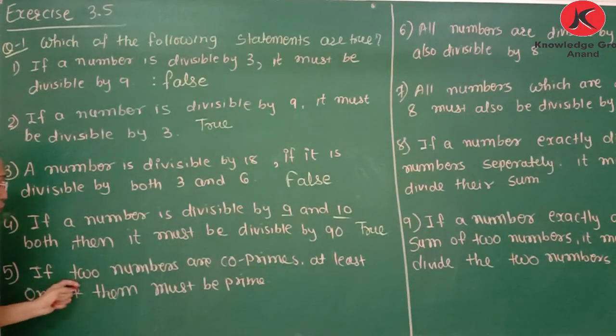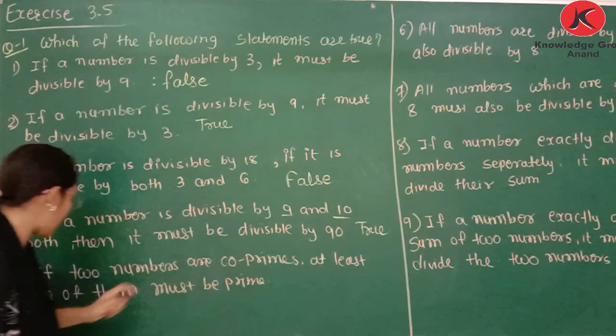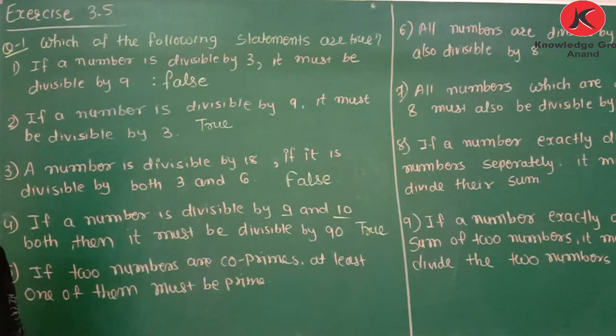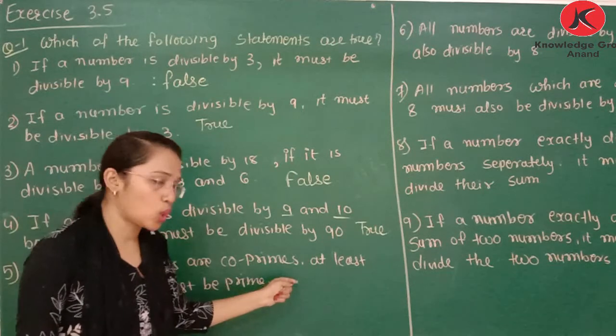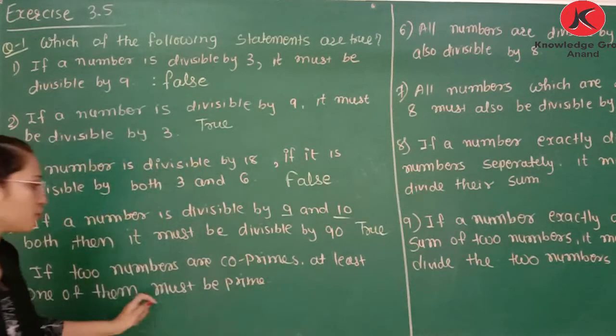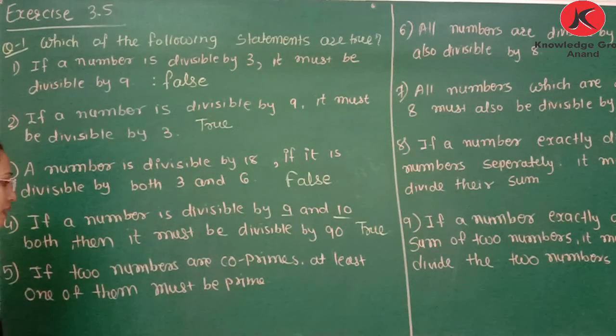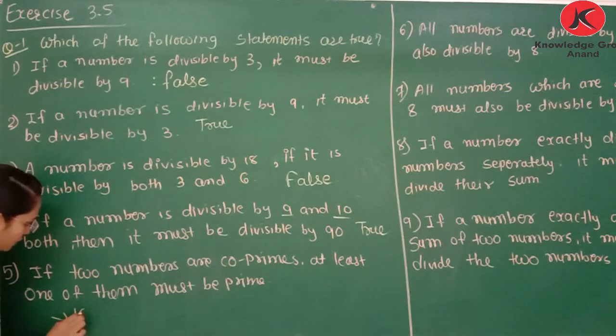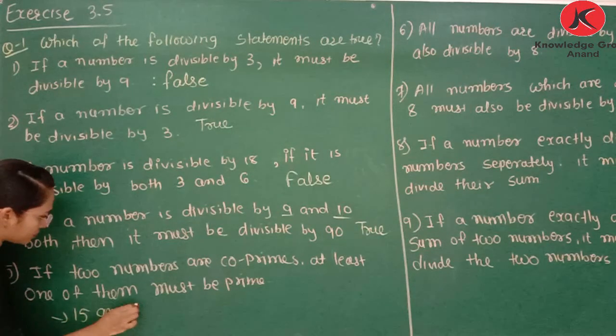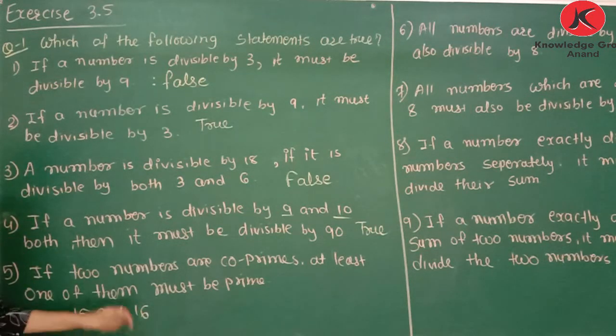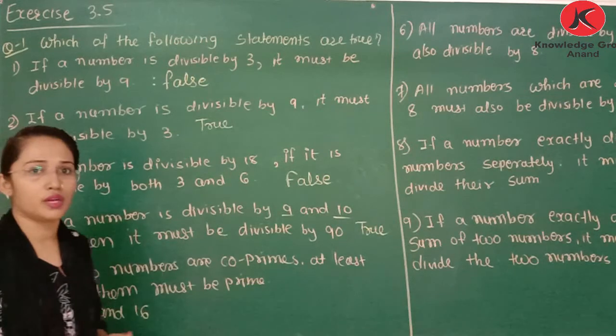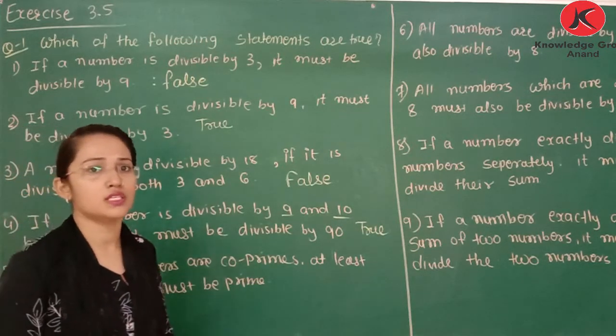Now, if two numbers are co-primes, at least one of them must be prime. For example, take two numbers 15 and 16. These numbers are co-prime. Why? Co-prime means the common factor is 1.